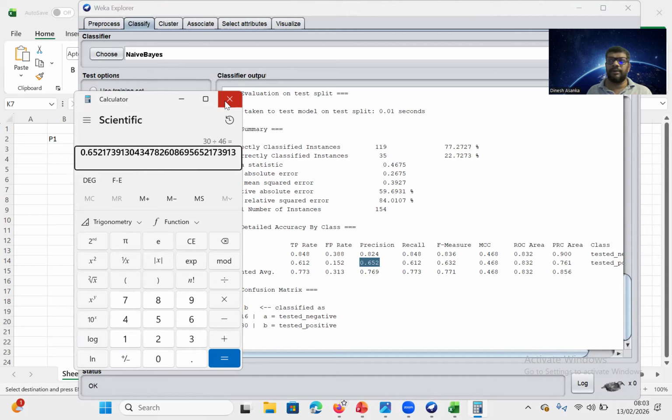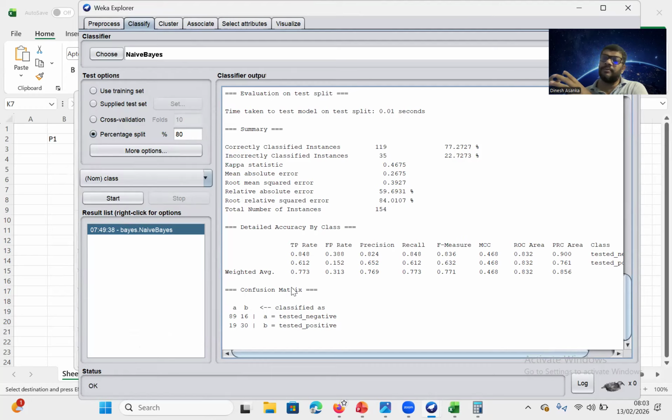Now let's go to the recall. Recall means out of actual, how many have you predicted? If I relate to this case, out of positive diabetic patients, how many did you predict correctly? So out of positive diabetic cases, which means actual, we are looking at this side.